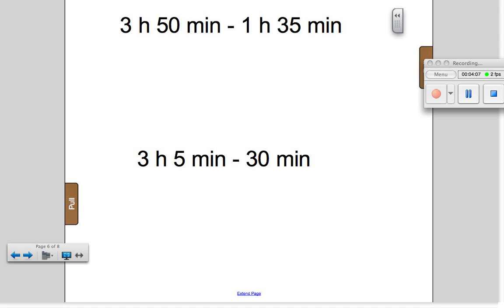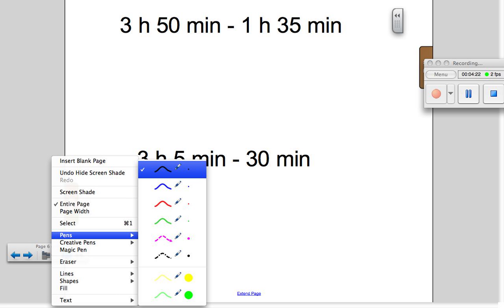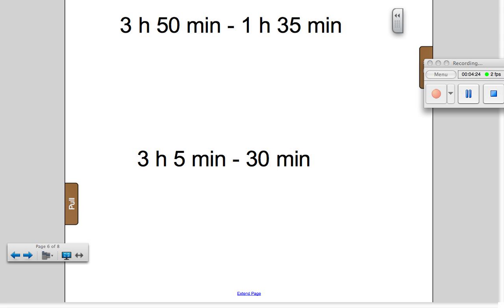Let's try subtracting time. We're going to begin with 3 hours, 50 minutes, minus 1 hour and 35 minutes. We should start with the minutes. 50 minutes minus 35 minutes equals 15.